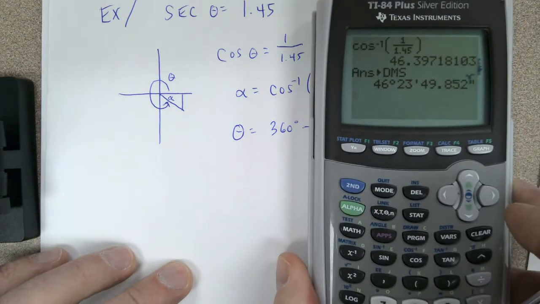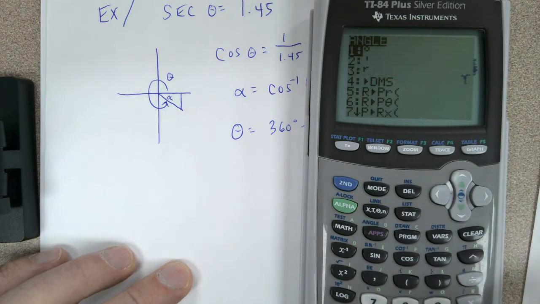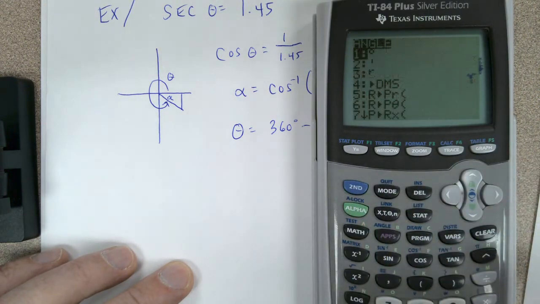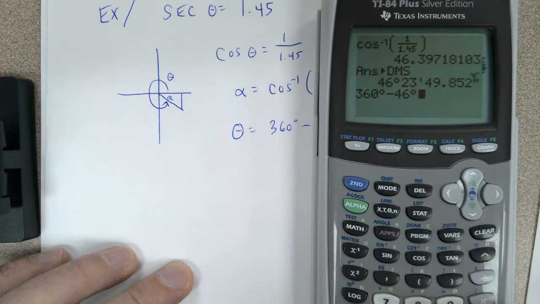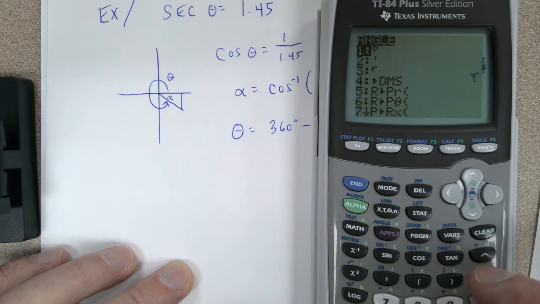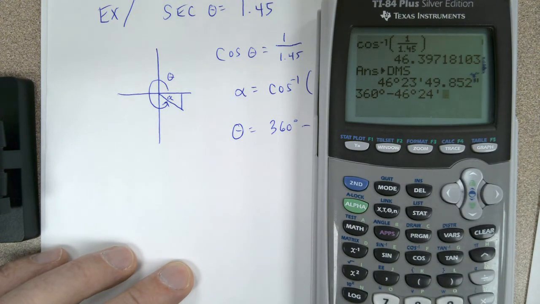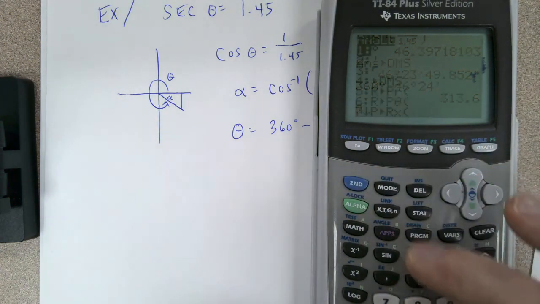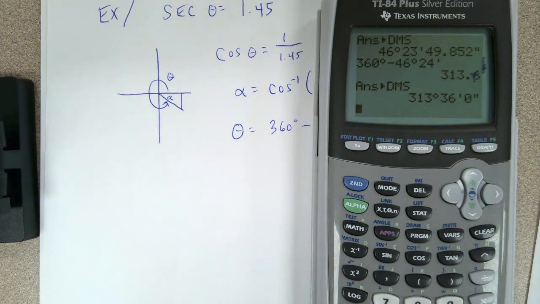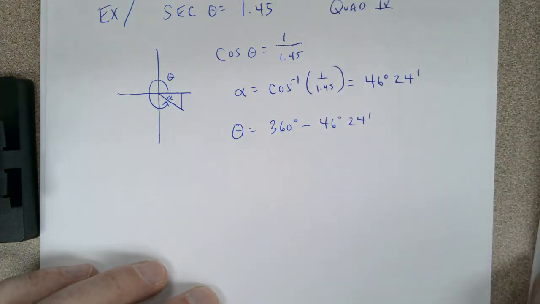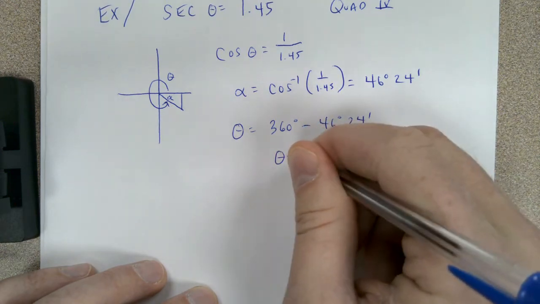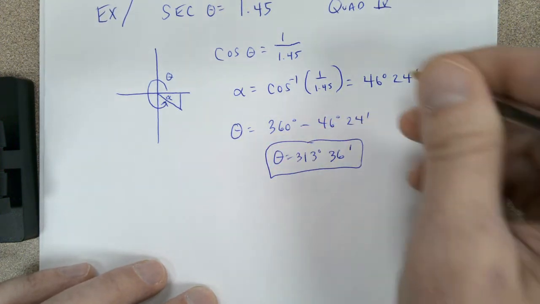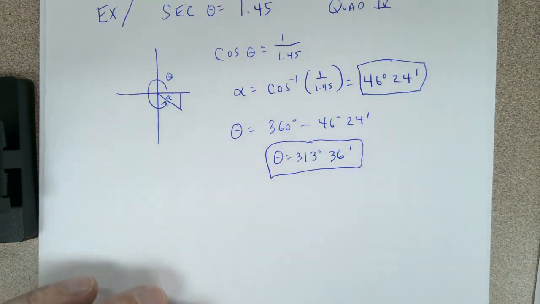So if I put that into my calculator, 360, that's degrees, minus 46 degrees and 24 minutes, and I hit enter, 313.6, which if I change that back to degrees, minutes, and seconds, is 313 degrees and 36 minutes. So theta is 313 degrees, 36 minutes. So there's my theta, there's my alpha for that problem.